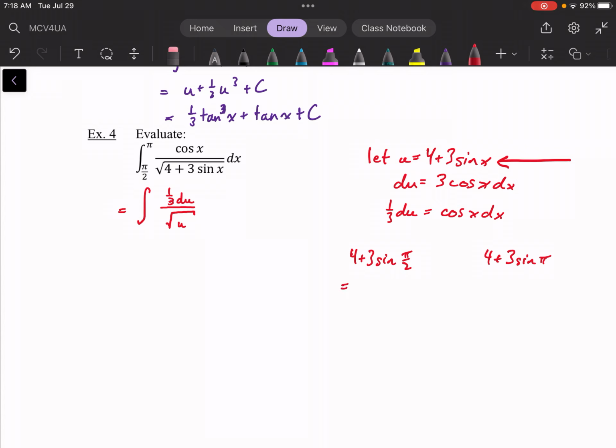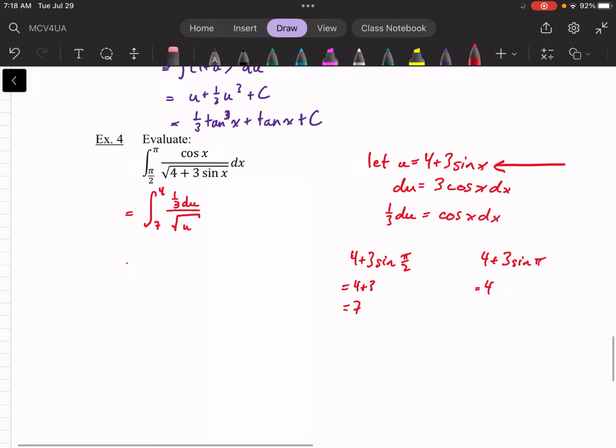Well, sine of pi over 2 is just 1, so this is going to be 4 plus 3, which is 7. Sine of pi is 0, so this is just going to be 4. So you're going to place these in the exact same spots that they were before. So this is now 4 to 7, or 7 to 4. And please make sure you don't change the order of these. Keep the order the same.